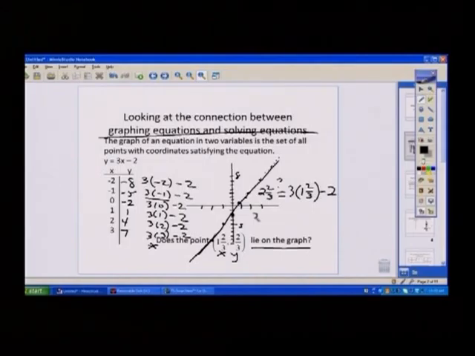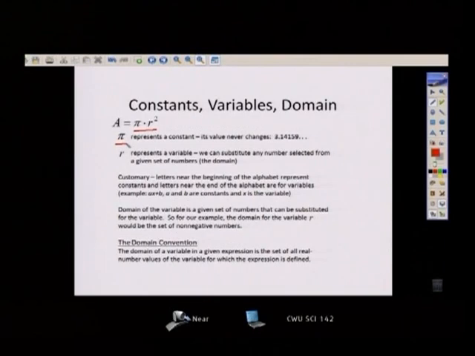I'm not sure, so I'm just going to bring the 2 2/3 down. Still trying to see if that's equal or not. So if I multiply this together, 1 2/3 is 5/3, times 3 is 5, minus 2 gives me 3. And 3 does not equal 2 2/3, so it looked like it could possibly be on our graph, but it actually is not.